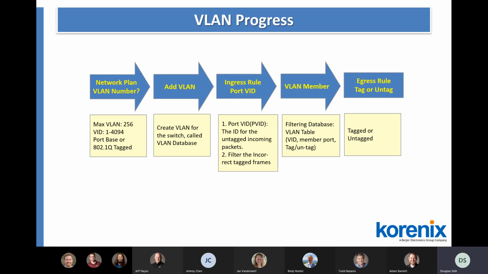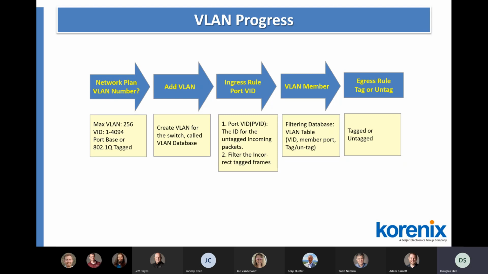After defining the VLAN numbers, we need to add the VLAN in our switches. So we need to create the VLAN on the switch and enter the VLAN ID which you want to use into the VLAN database. After that, we need to set up the ingress rule about the port VID.